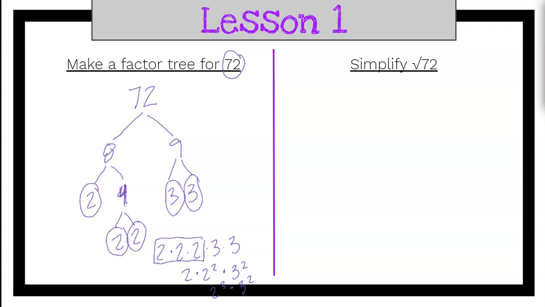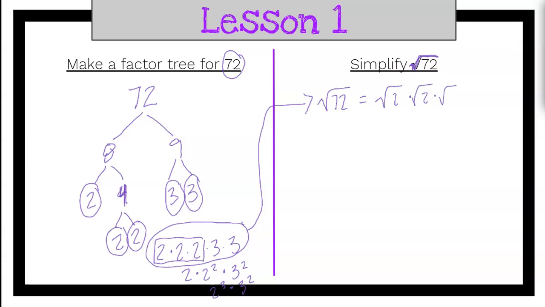So next we want to simplify the square root of 72, and in simplifying the square root of 72, we're going to use that factor tree, which is why we did that first. So when we take this prime factorization right here, we can actually rewrite the square root of 72 as the product of all those square roots: the square root of 2 times the square root of 2 times the square root of 2 times the square root of 3 times the square root of 3.